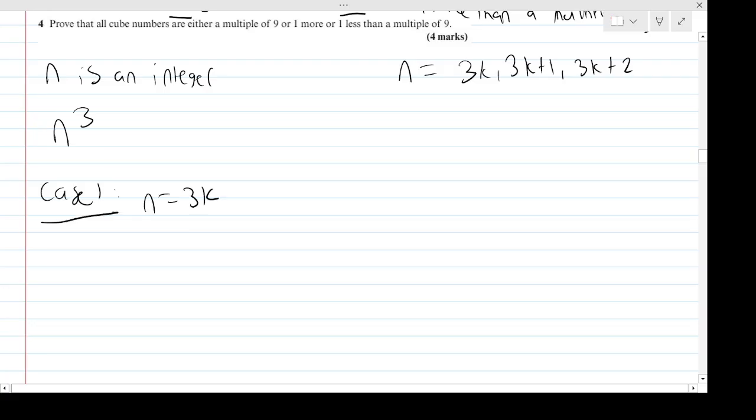If n is 3k, and I'm not going to write the fluffy writing now, I'm just going to say n is 3k. Therefore n cubed is going to be 3k all cubed, which is 3 times 3 times 3, which is 27k cubed. But I can factor a 9 out, right? So that'd be 9 lots of 3k cubed. Well, there we are then, it's a multiple of 9.